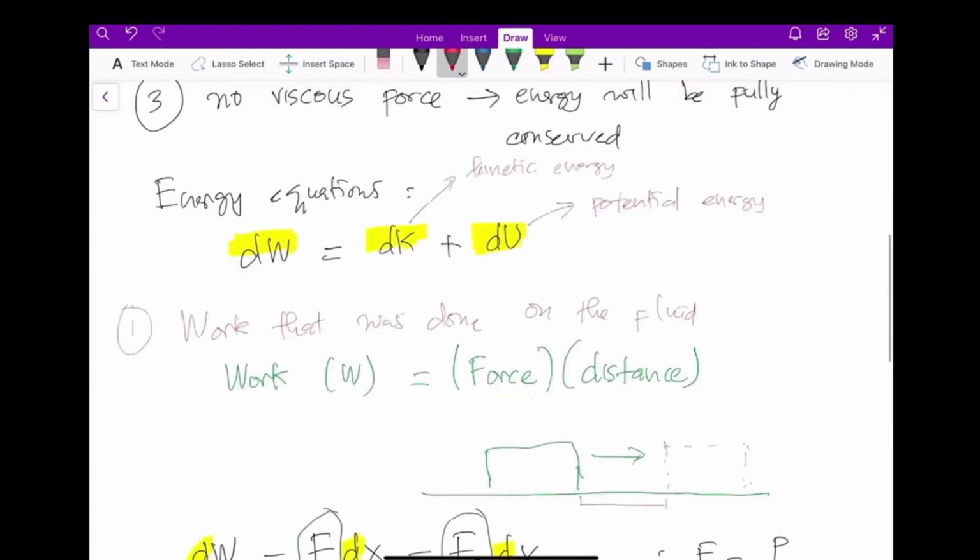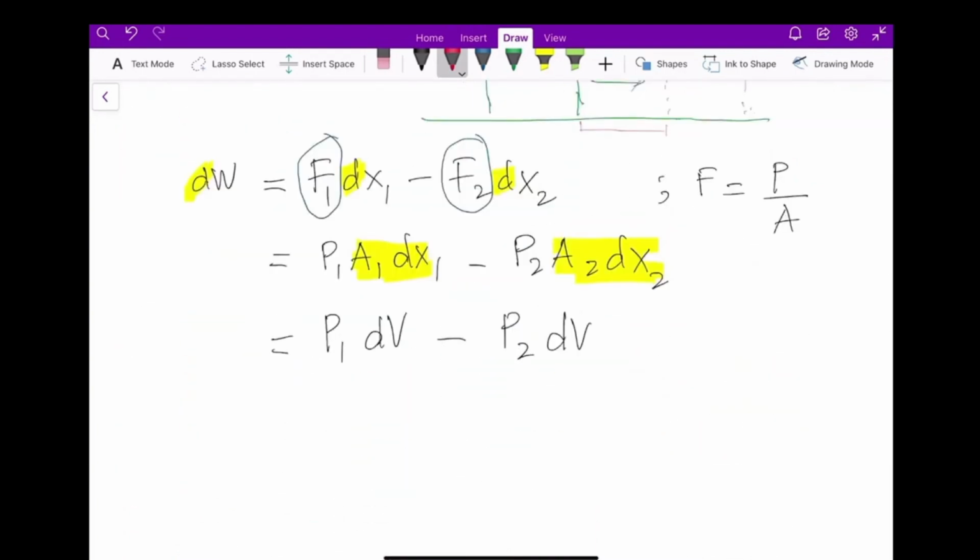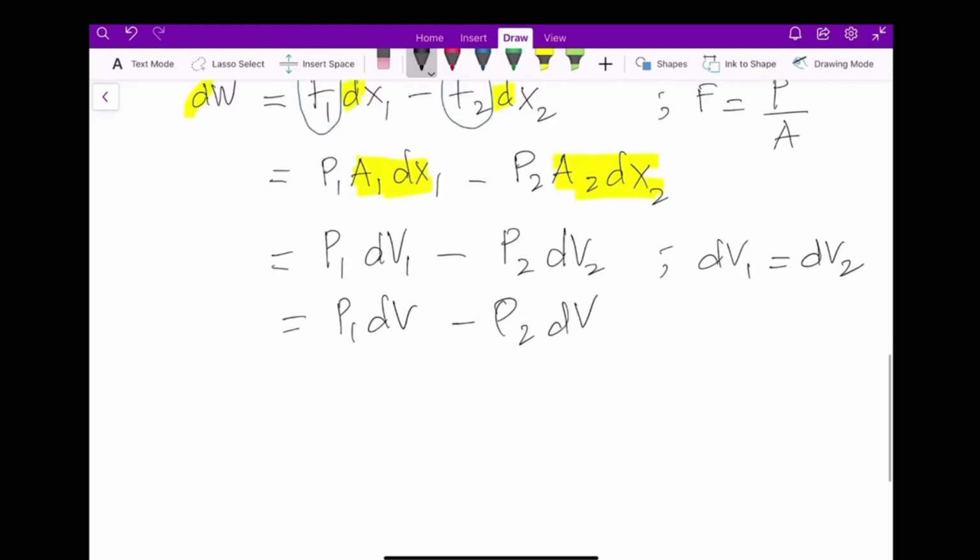Hence, for this derivation, we replace A1 dx1 with only dV. Even if you put V1 and V2, the amount will actually be equal. I just write it like that: dV1 equals dV2. That's why we can simplify the equation. And because we have the same dV, we can combine this expression.